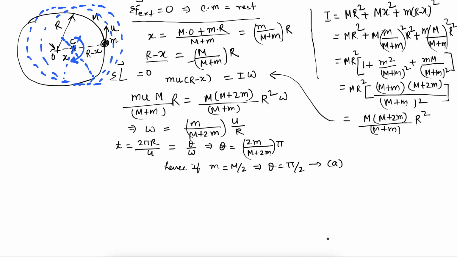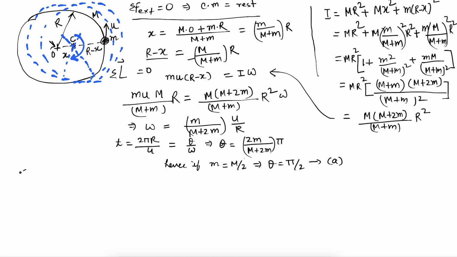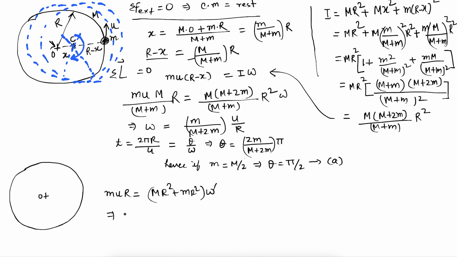Now let's hinge this hoop at the center so that it is forced to rotate only through O. Now in this case, it will be very simple to write the equation, because it will become m u r equal to I omega prime, where I is M r square plus m r square, and in this case the omega prime is m by (M plus m) u by r.